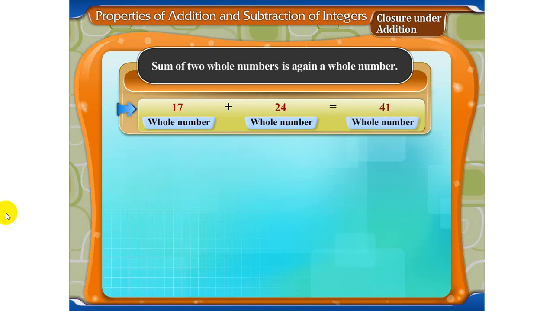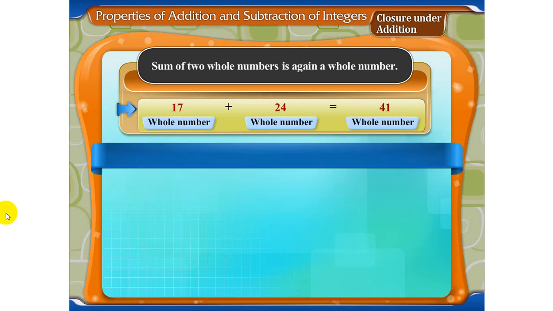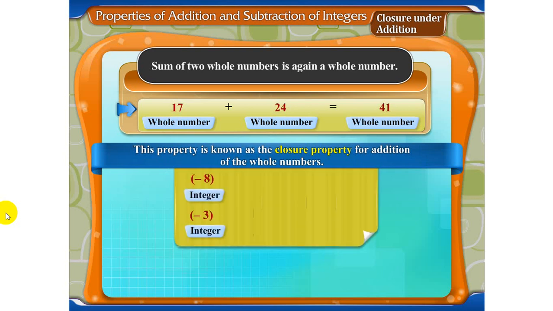again a whole number. We know that this property is known as the closure property for addition of the whole numbers. Observe whether this property is true for integers or not. Check the given table carefully. Here, for every statement, the result is an integer.